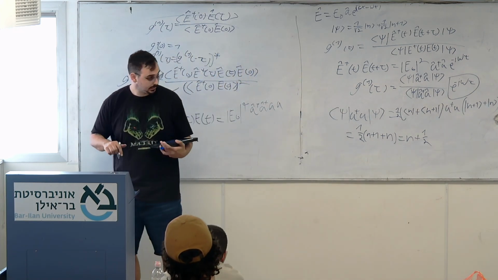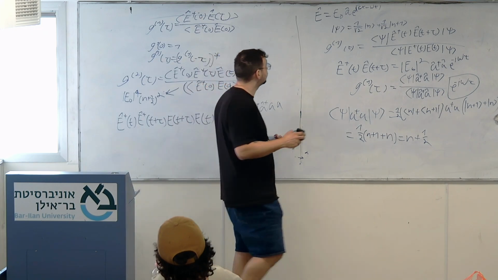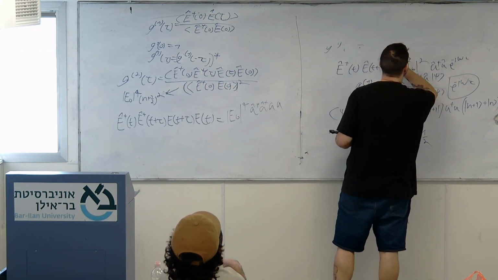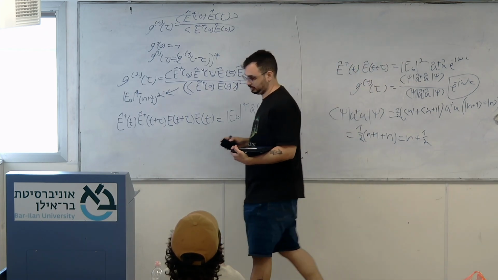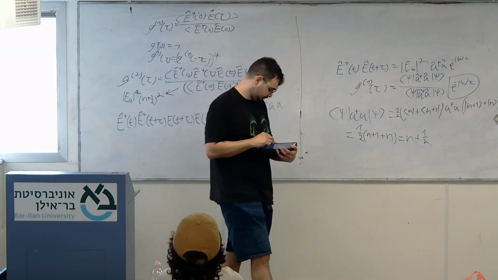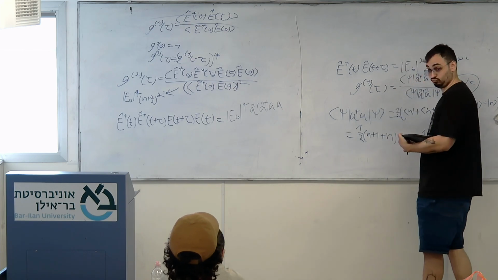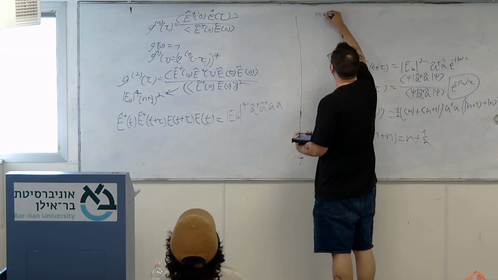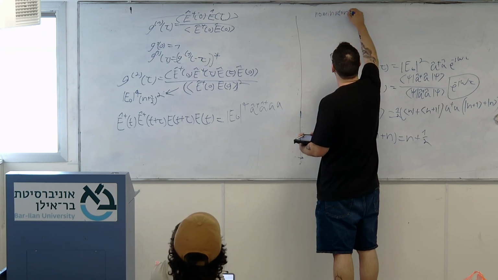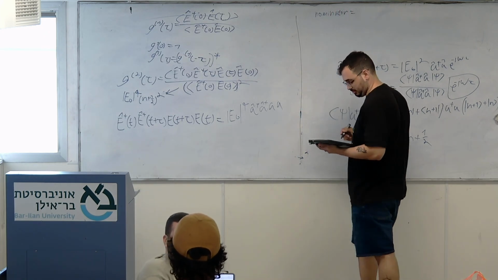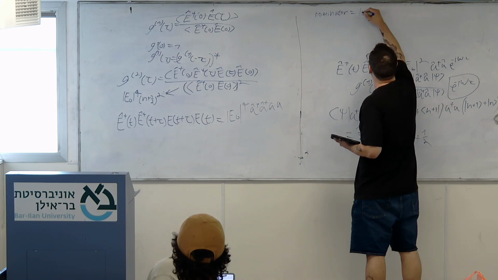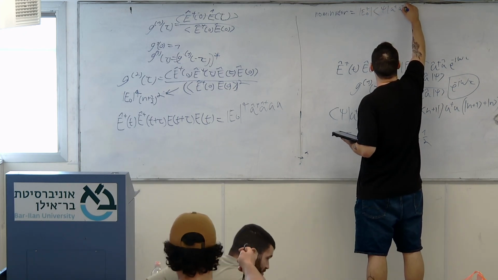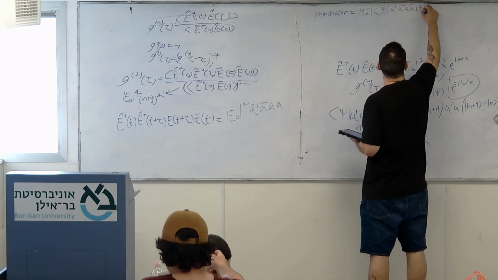So the denominator, in the end, is going to equal n minus 1 divided by n. We'll see. Denominator equals, I don't want to write this stuff again, E0 to the power of 4 psi A dagger A psi, right?